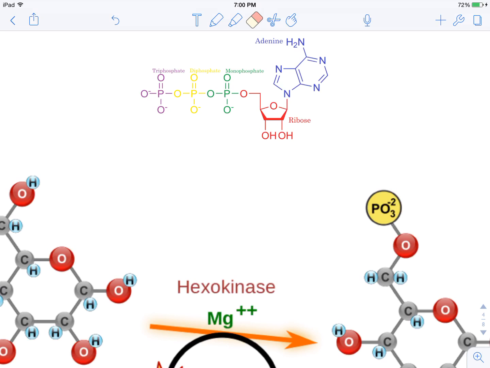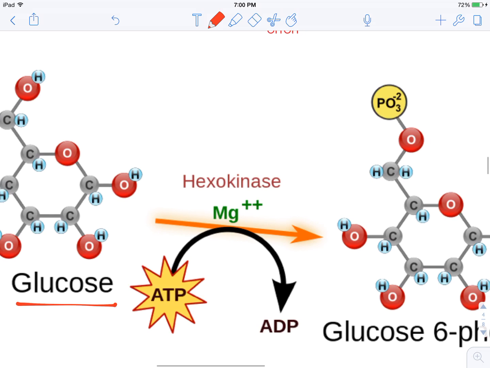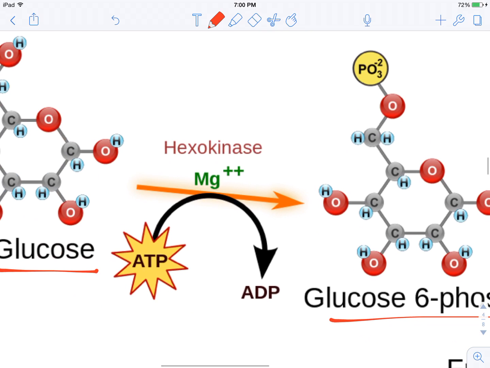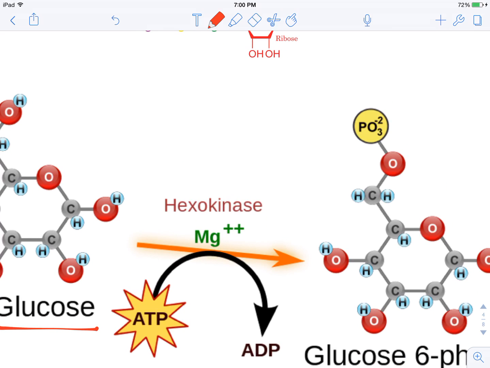Now I want you to imagine all of this snow on the ground to be work, an analogy for the reaction. Let's say, in this case, turning glucose to glucose 6-phosphate is the snow on the ground we want to shovel. That snow on the ground that we want to shovel is the work we need to do.